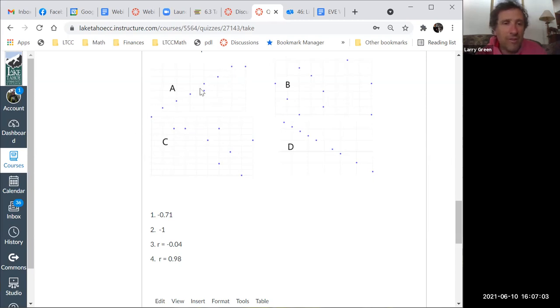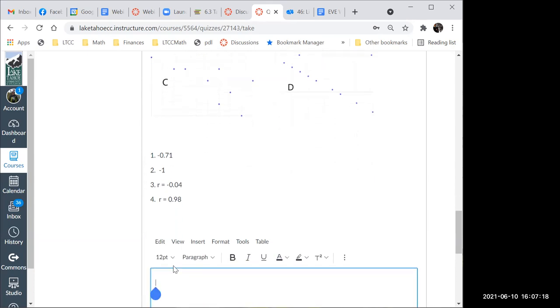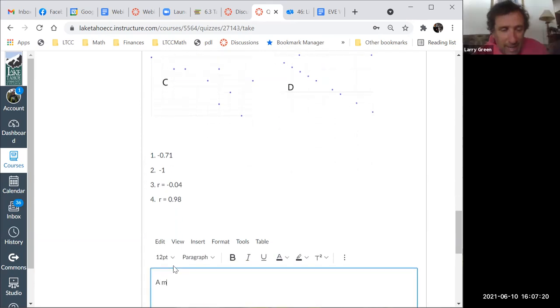Perfect in the real world never happens, for any kind of data collection. So of the 4 choices, which one is close to 1? 0.98. Yep, 0.98. So A matches with number 4. Any questions on that?